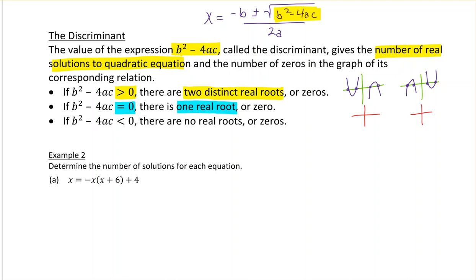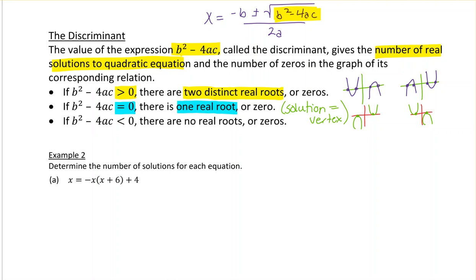Well, that 1 solution only makes sense if it happens to be the vertex. The vertex is what is touching the x-axis. So if you have 1 real root, that solution is also equal to your vertex in this case.